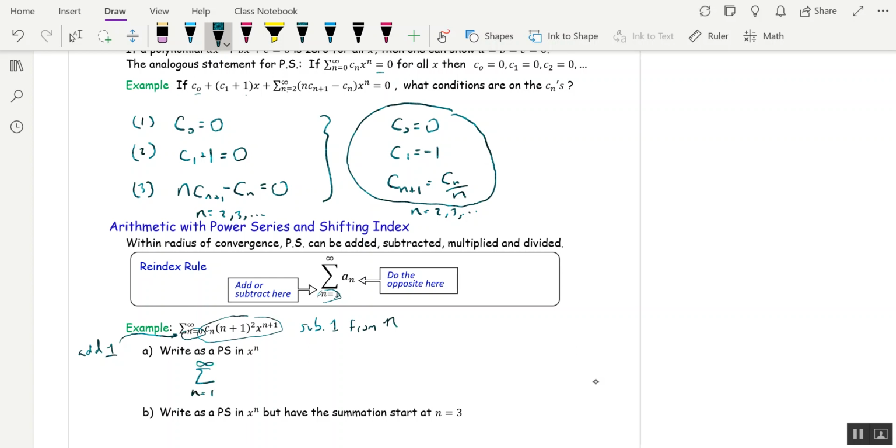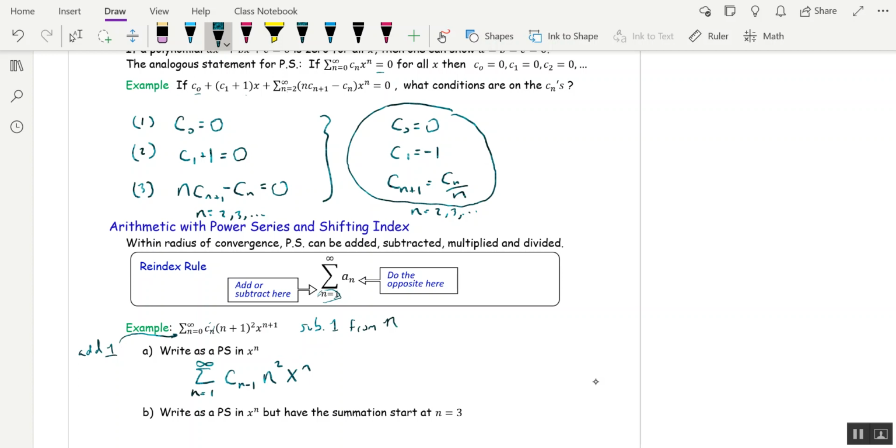And then everywhere I see an n, I replace it with an n minus 1. That includes the cn. The cn becomes c sub n minus 1. And then n plus 1 squared, if we replace n with n minus 1, we just get n squared. And then x to the n. So now I have a power series in x to the n.